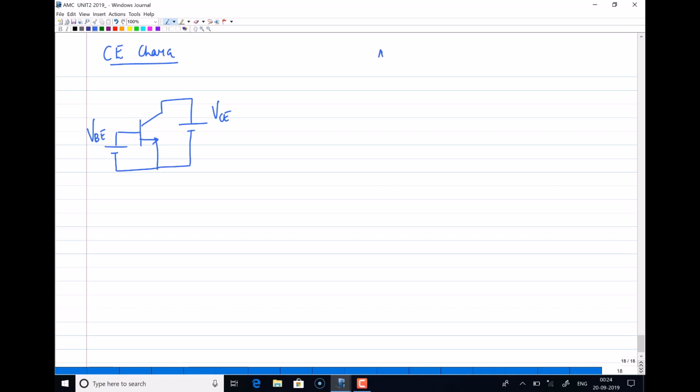Now if I look at the output characteristics of VCE versus IC, IC is related to the input current IB, so IC is beta times IB. So even though IB is very small, we will get a large IC because of this beta times IB value. So you can see an increase in current there.